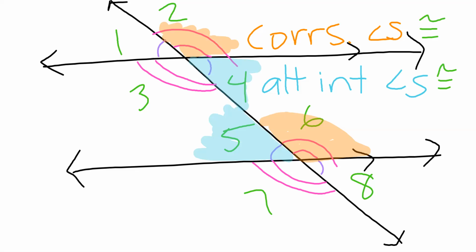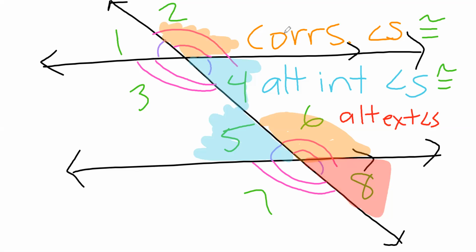Another pair that we have are alternate exterior angles. Again, alternate meaning that they're on the opposite side of the transversal. Exterior, they are outside of the parallel lines. So we can look, for example, at number 8. Number 8 is outside of the parallel lines, right, this one right here.